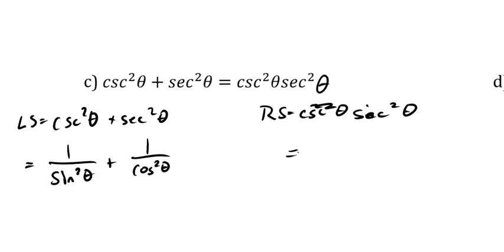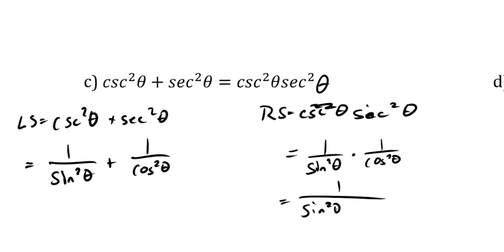That can happen, absolutely. So this is, again, 1 over sine squared theta times 1 over cosine squared theta, which is just 1 over sine squared theta cosine squared theta. Just a different way of writing the same thing. Any ideas? What would you do?